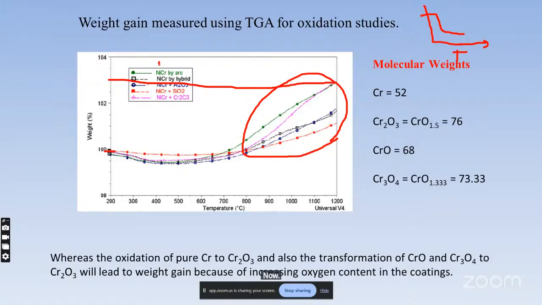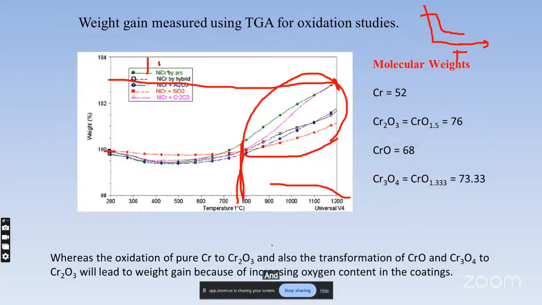Now you have different types of samples. Take an example of this green line, NiCr. So what will happen? Some of the atoms on the surface, when you heat the metal at higher temperature, you can see the temperature from where the metal gains weight. So it is more than 800.